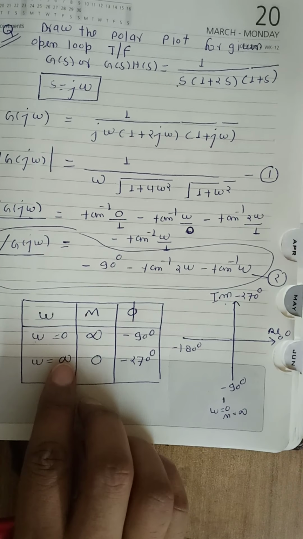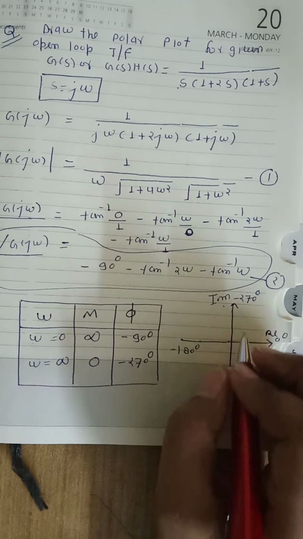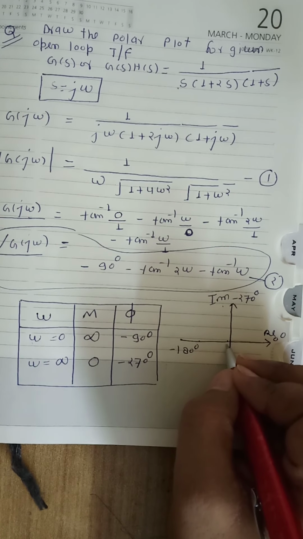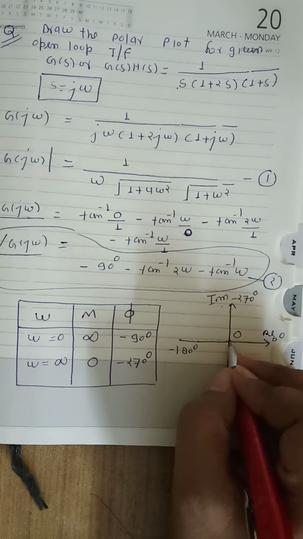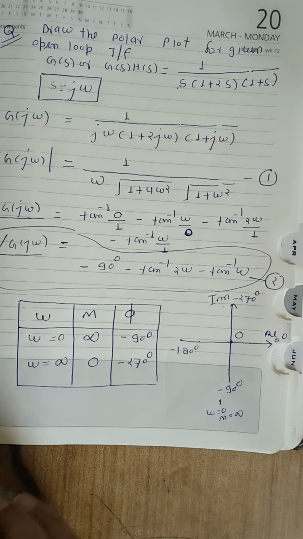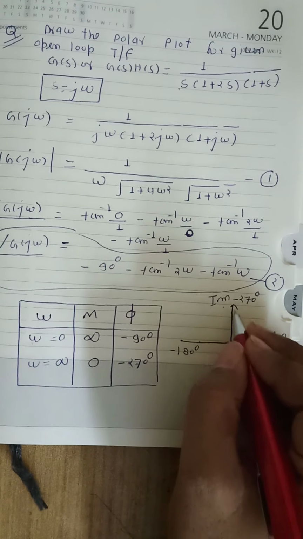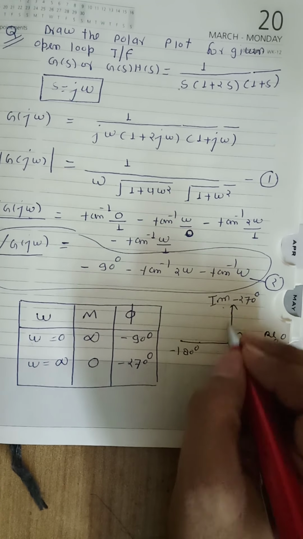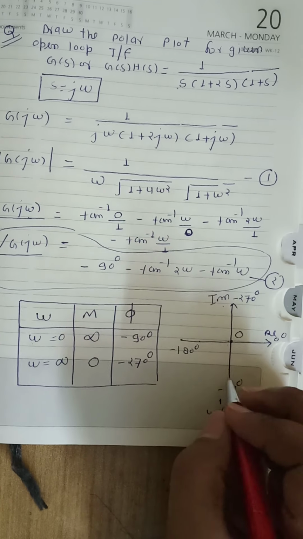For omega equal to infinity, we have magnitude 0, and already I told you at the origin we have a 0 value. So this will define 0. But we have phase angle minus 270 degree. So this line will define angle of minus 270 degree.